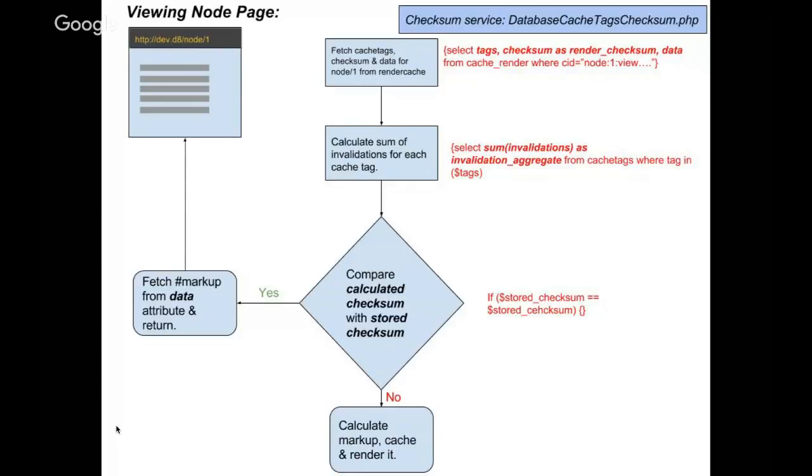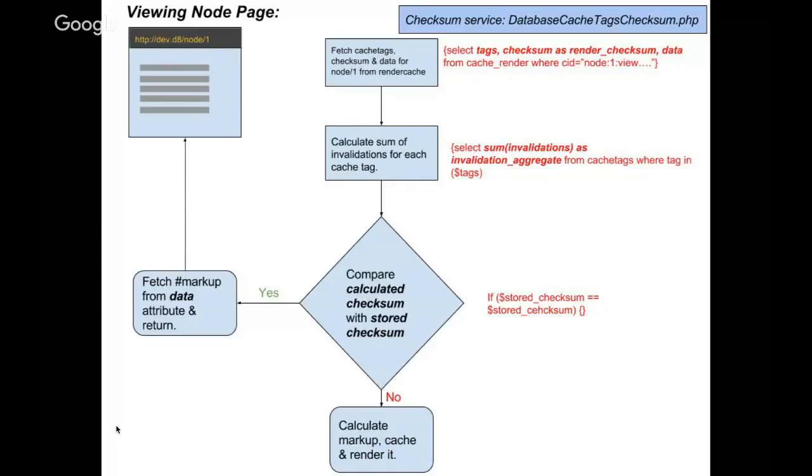So let's say we had node:20 and user:1 as cache tags fetched in step 1. Drupal will go ahead and query the cache tag table for the integer values corresponding to node:20 and user:1 and sum them up. Let's call this value the invalidation checksum, or maybe let's call it the calculated checksum.